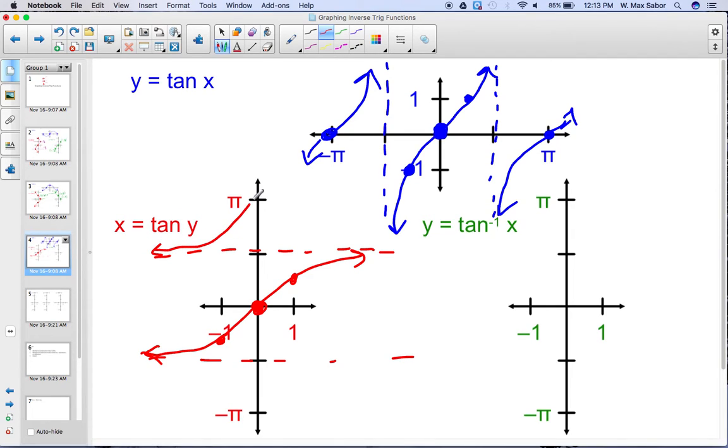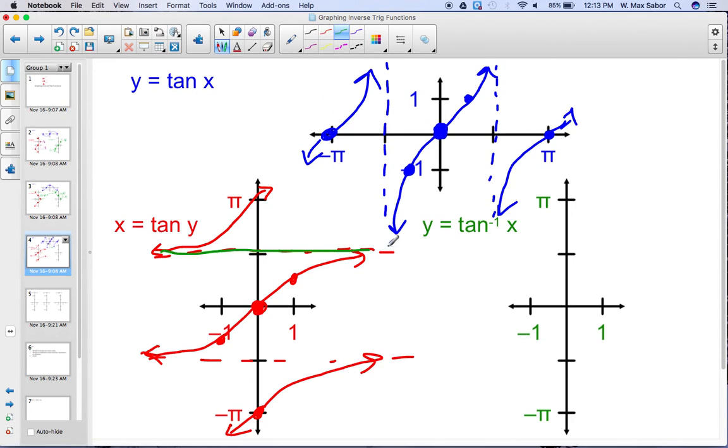We have multiple periods of this, so go with that. So this is what x equals tangent of y is. A bunch of these, infinitely many of these layered on top of each other, just like tangent has infinitely many of these layered next to each other.